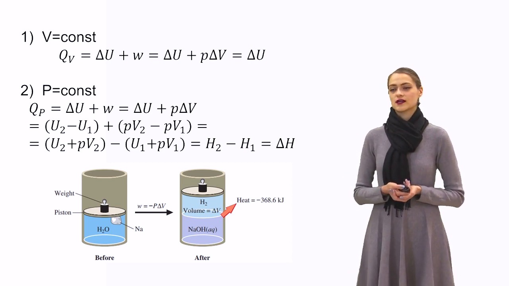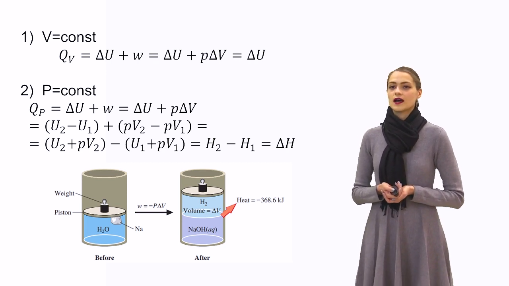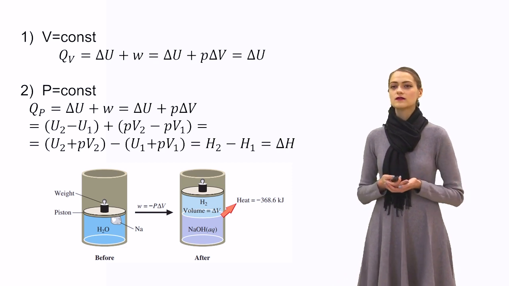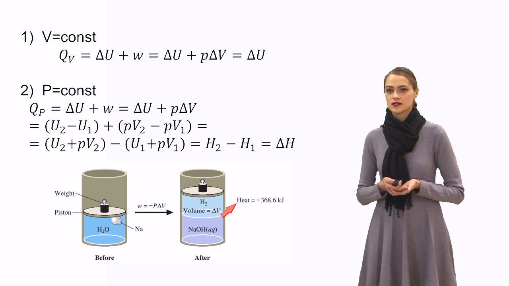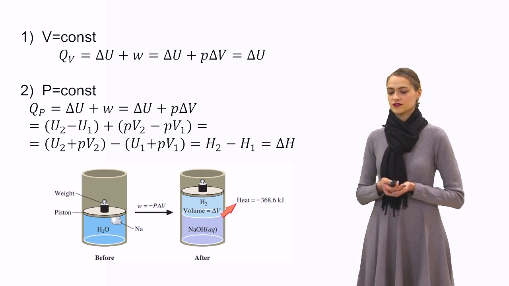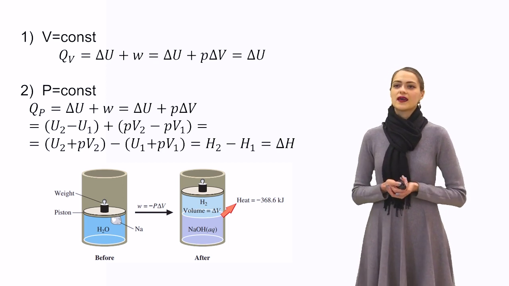Next situation. Now we have constant pressure. The same, we write QP right now, and this heat released or absorbed by the system goes as well to change of internal energy and goes to work.